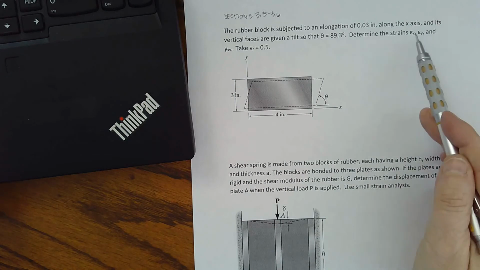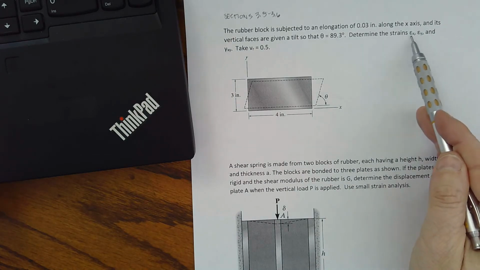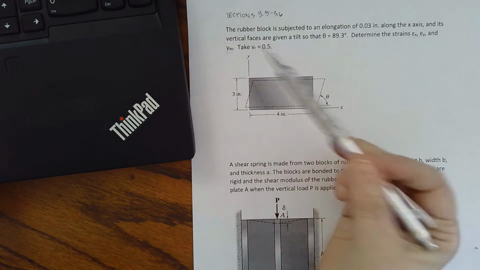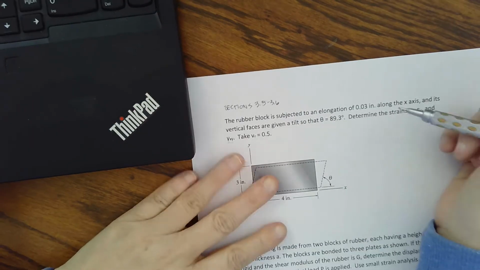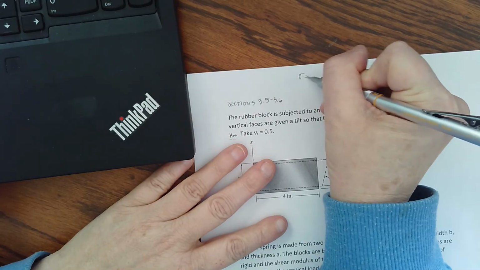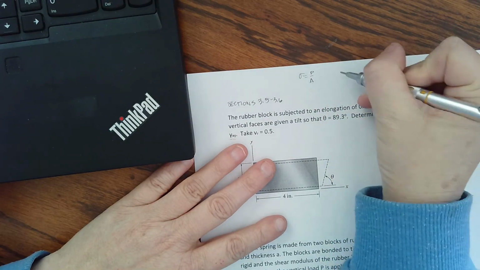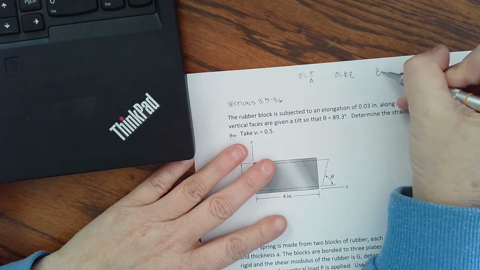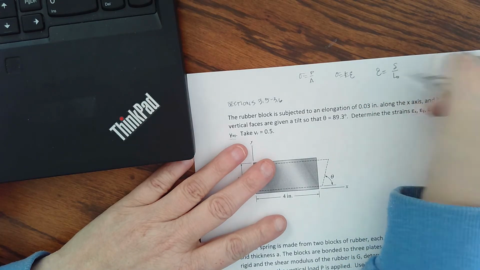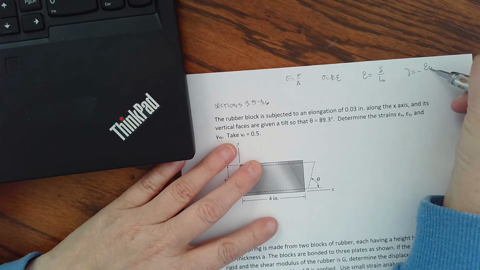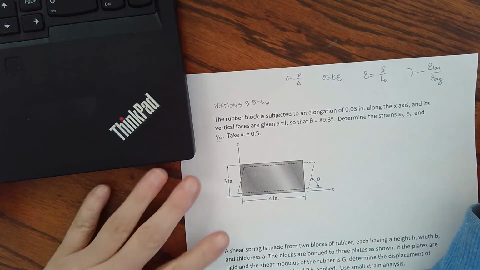So you have to understand this is normal strain, this is change in length. This is shear strain, it is change in angle. So again, we have a lot going on. If I have stress equals P over A, then I have stress equals E times strain. I know that strain equals change in length over original length, and I know that Poisson's ratio is the lateral strain divided by longitudinal strain, okay?